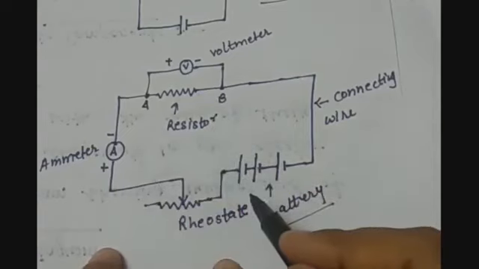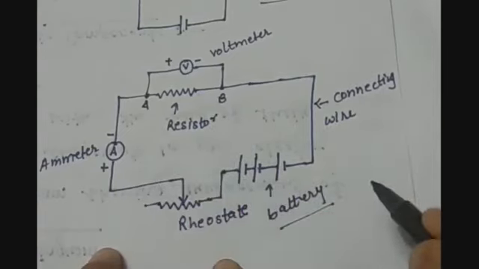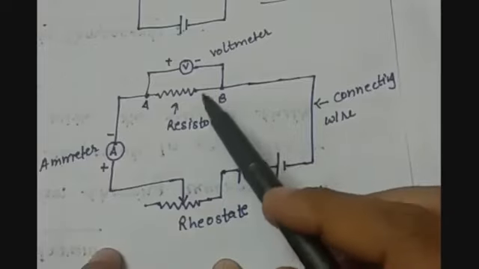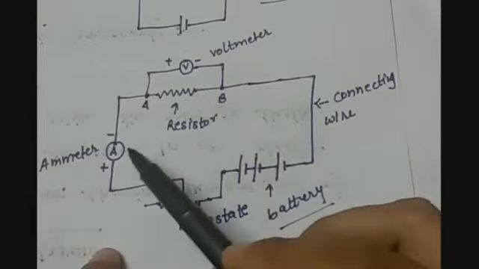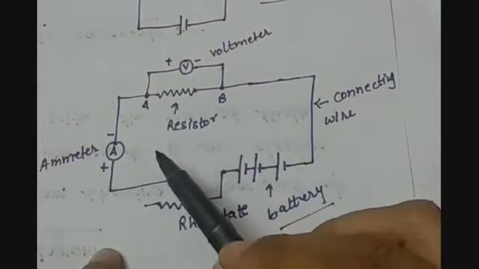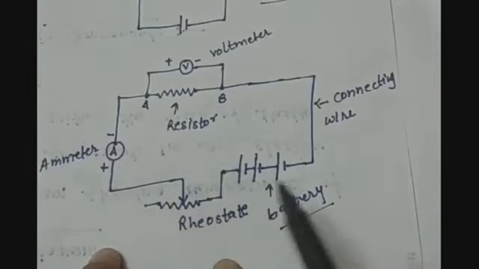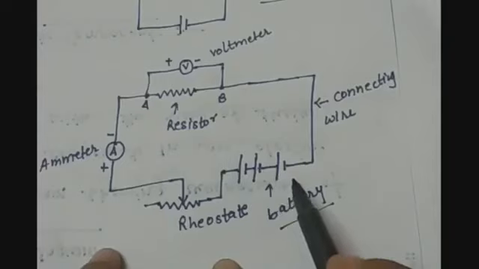What he saw was that when different voltages are given to the resistor or the conducting wire, then different current flows in the circuit. That means there is a change in the current according to the voltage or potential difference applied. So he gave a relation between the potential difference and the current.